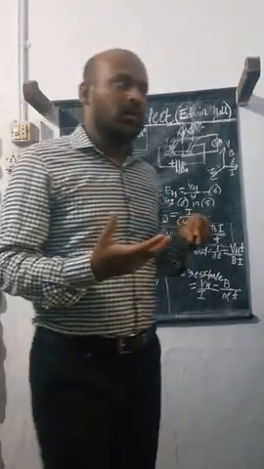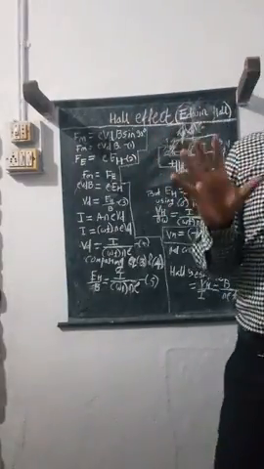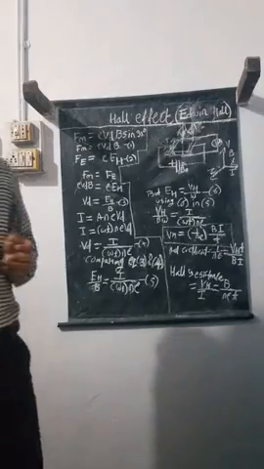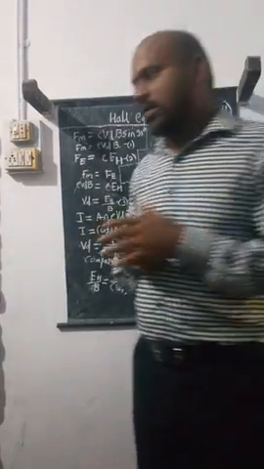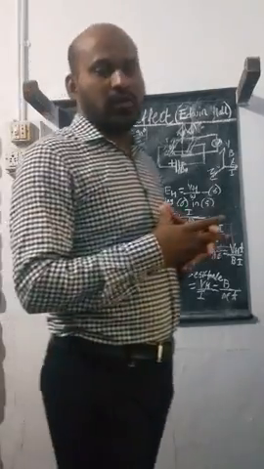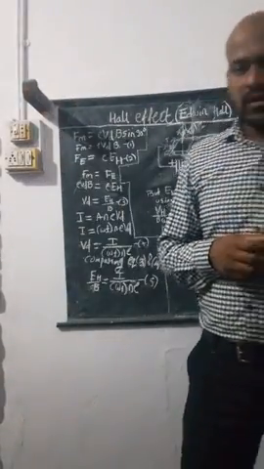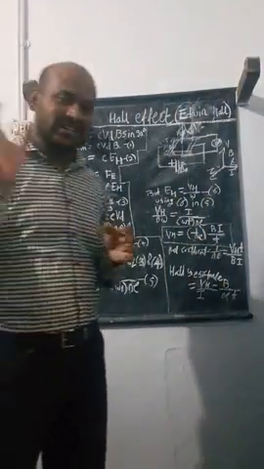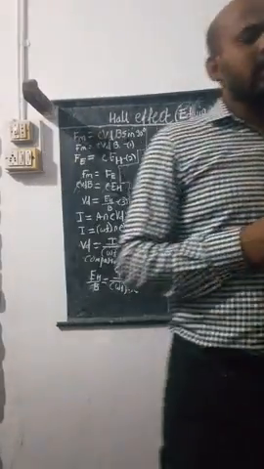Pentavalent means the valence electrons are 5, and trivalent means 3 valence electrons. Semiconductor examples are germanium and silicon. They have 4 electrons in the valence band, that's why they are tetravalent.